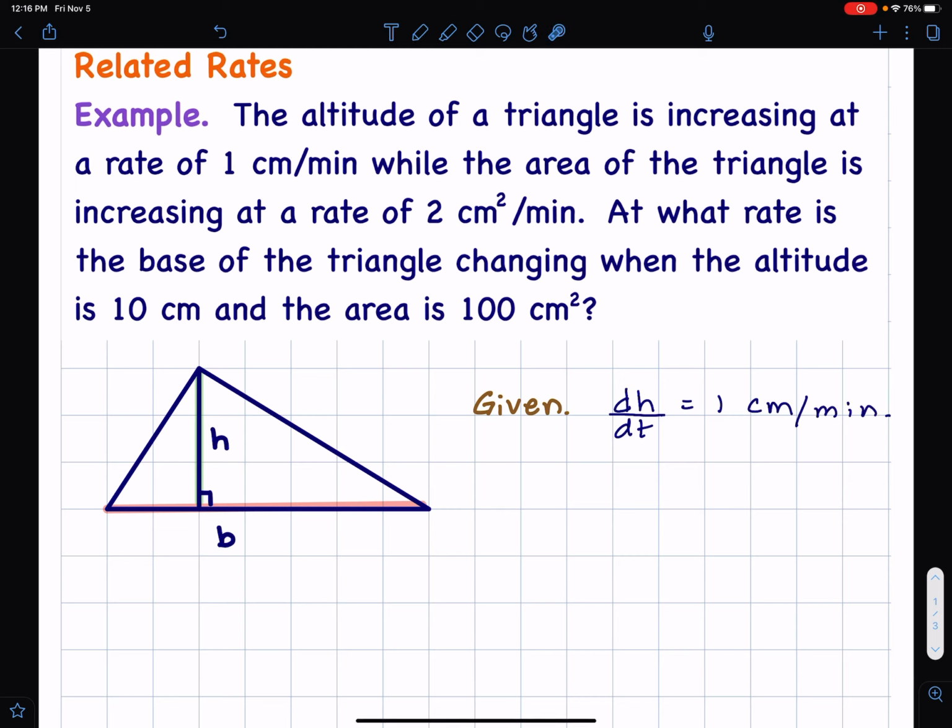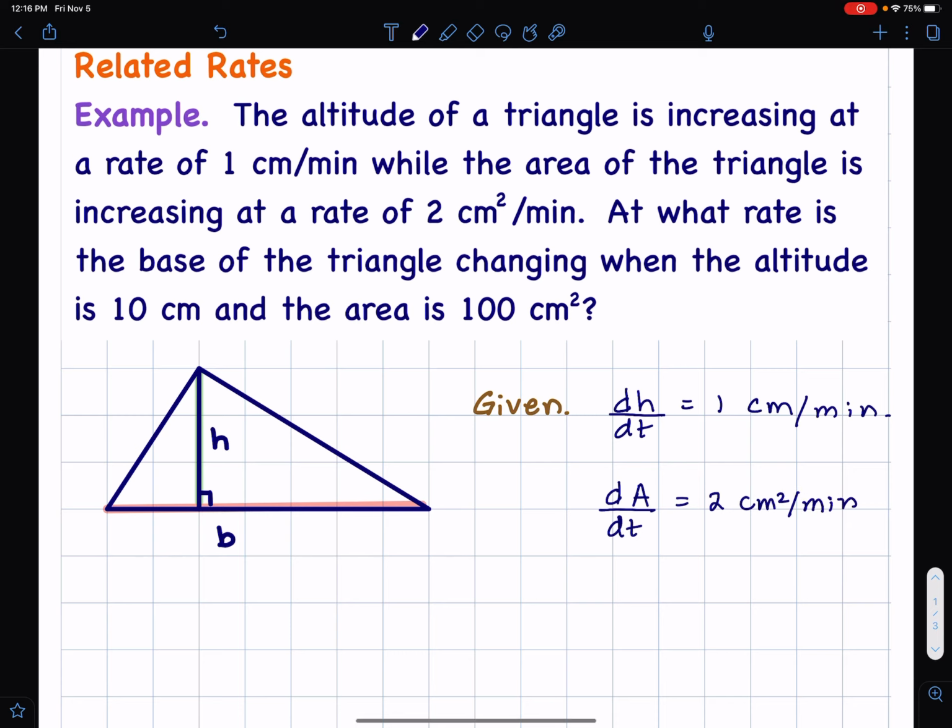When we say that the height is changing at 1 centimeter per minute, that means the rate of change of height with respect to time is 1. That's derivative. dh/dt is 1. It's constant 1. While the area of the triangle is increasing at a rate of 2 centimeters squared per minute. So that's another given. The rate of change of A for area is equal to 2 centimeters squared per minute.